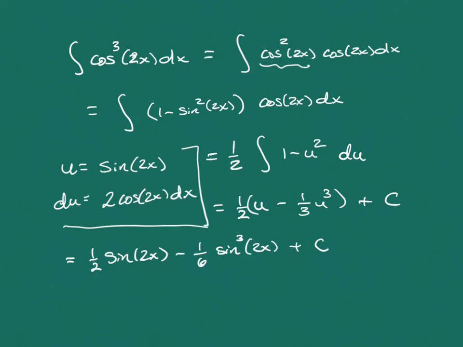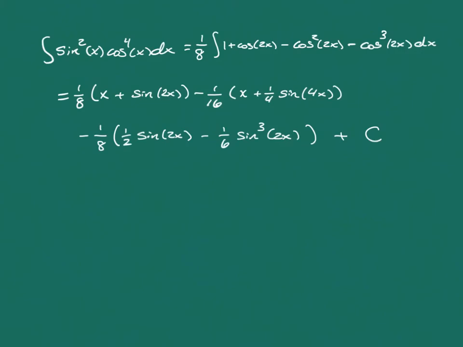And so to bring this all together into our final answer, what do we have? Coming back to where we started, we originally had the integral of sine squared cosine to the fourth. In that, we used our power reduction formulas and expanded out to get a 1 plus cosine 2x minus cosine squared 2x minus cosine cubed of 2x. And then we split that up into 3 different integrals with 1 plus cosine 2x, cosine squared, and then our cosine cubed.